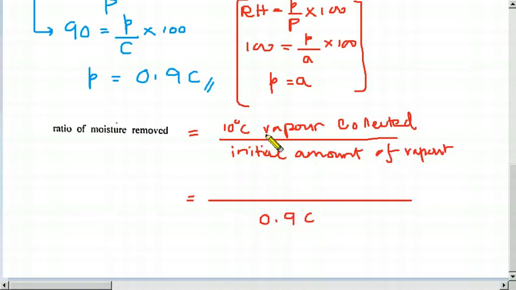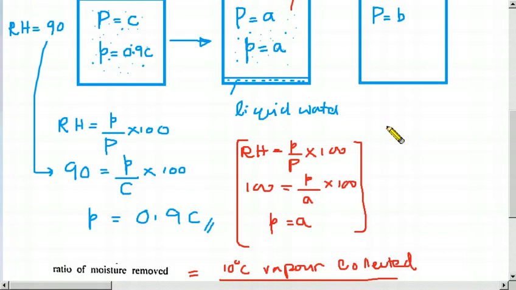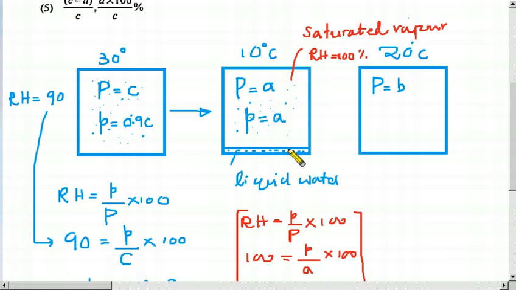So how to find how much vapor was collected and removed? That is equal to this amount of liquid water. So we have to find out the pressure given by that, if it were in the form of vapor in this room.